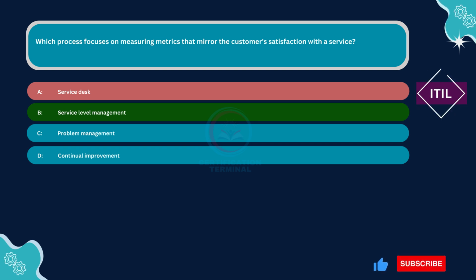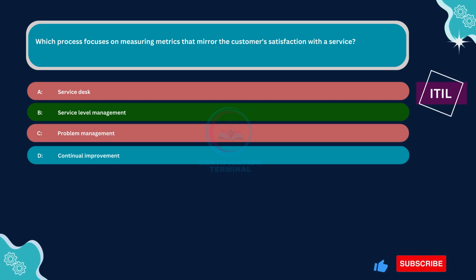The service desk is primarily responsible for providing a single point of contact for users to report incidents, request services, and seek assistance. While customer satisfaction is important for the service desk, its primary focus is on incident and service request management, rather than measuring overall customer satisfaction with the service. Option C, problem management, is incorrect.